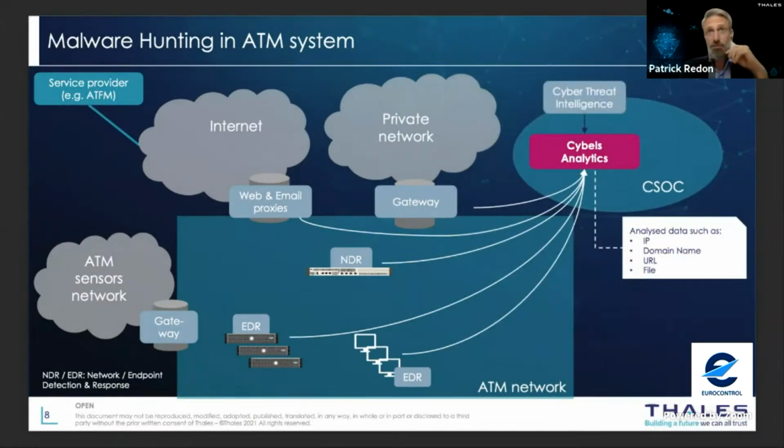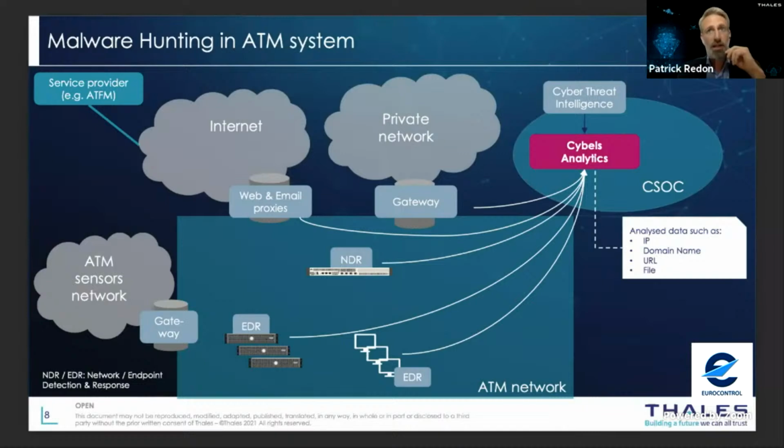You can see on the right now Cybers Analytics, which regularly receives all machine and network devices, software, and also EDRs, NDRs, logs, and alerts. Cybers Analytics gathers all this data and has many capabilities for detection, investigation, and hunting.